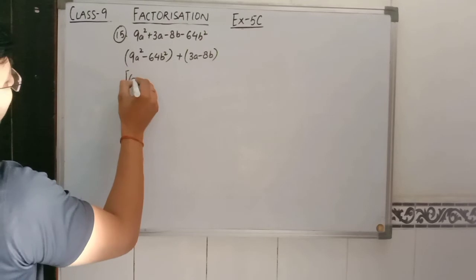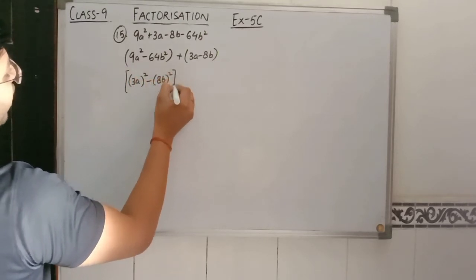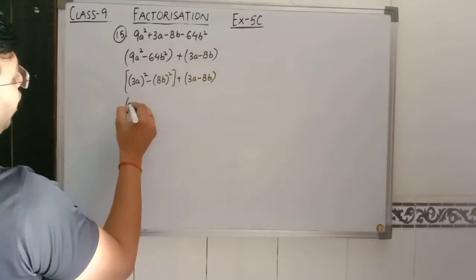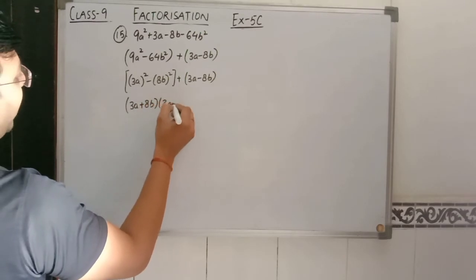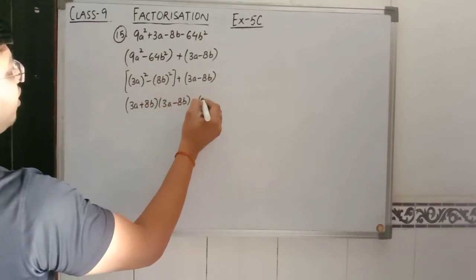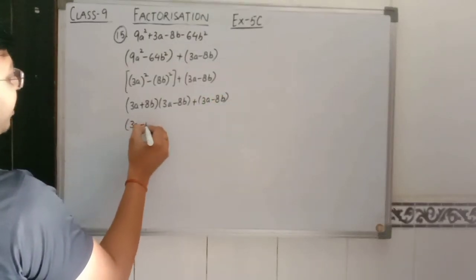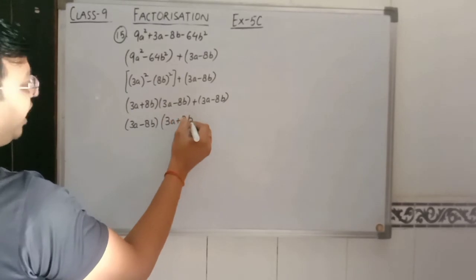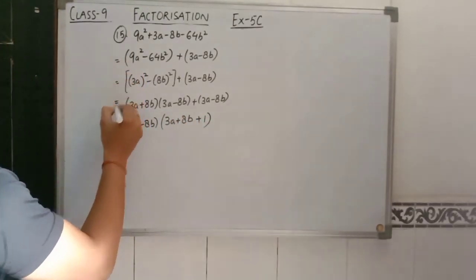We can write it as 3a whole square minus 8b whole square, and this can be written the same. So after applying the identity, it will become 3a plus 8b and 3a minus 8b, and this will also remain the same. Now we can take 3a minus 8b as common. So from the first term 3a plus 8b will be left, and from the last term 1 is left. So this will be the final answer.